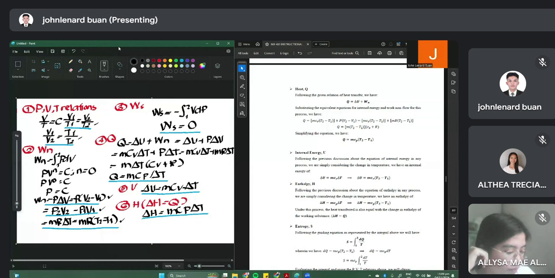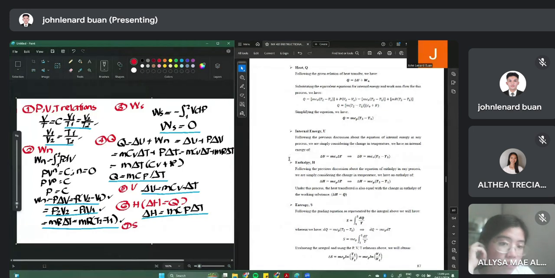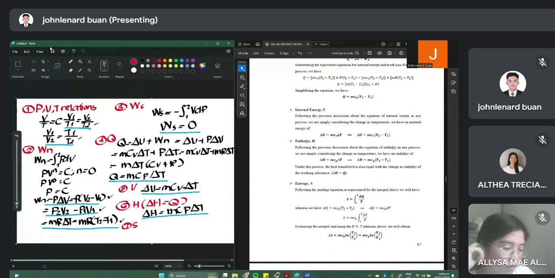And then lastly, we have here the entropy S. From its equation, S is equal to the integral of dq over T, from 1 to 2.